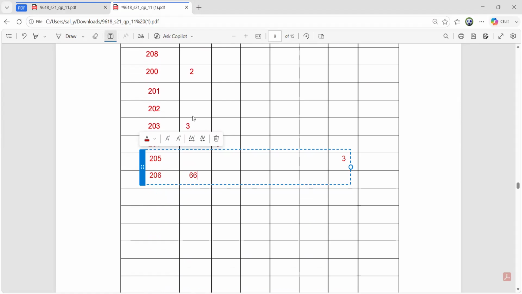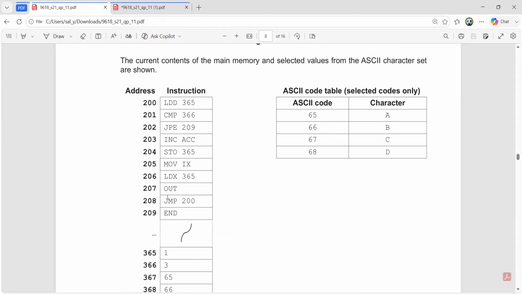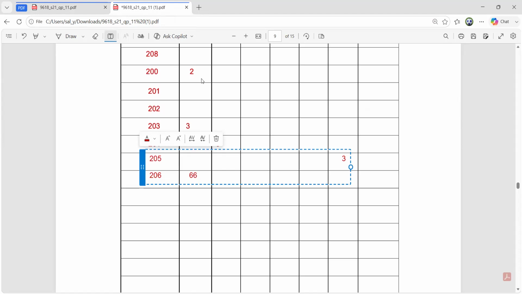And then after this, the next instruction will be OUT, 207, means outputting the contents of 66, that is B, to the output column, and the value B is going to be here. And then what is the next stage?